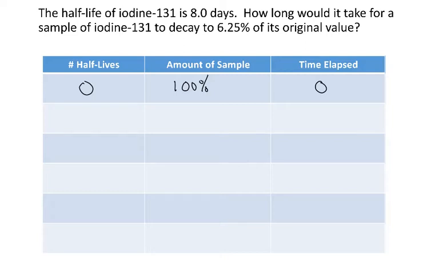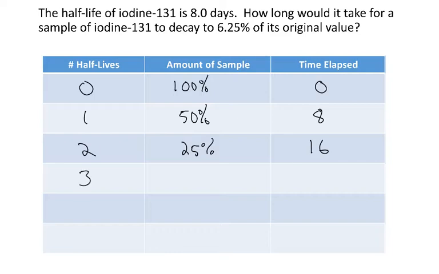And so I'm just going to keep going down in my rows until I get to 6.25%, and then whatever is in that last time elapsed row, that's going to be how long it takes to get from 100% to 6.25%. So after 1 half-life, I'll have 50% left, and that'll take 8 days. After 2 half-lives, I'm down to 25%. That'll take another 8 days, so 8 plus 8 is 16.